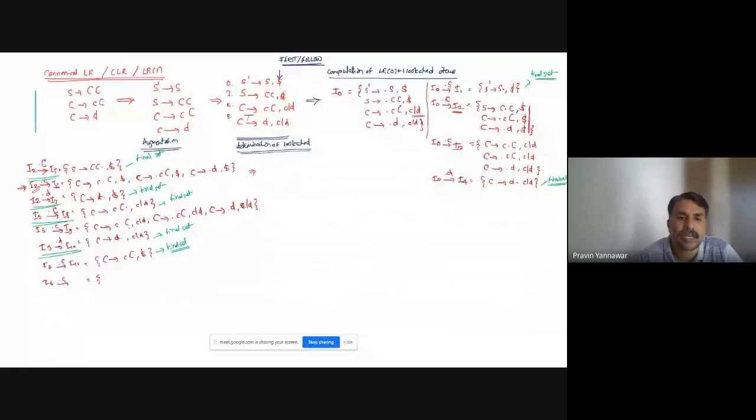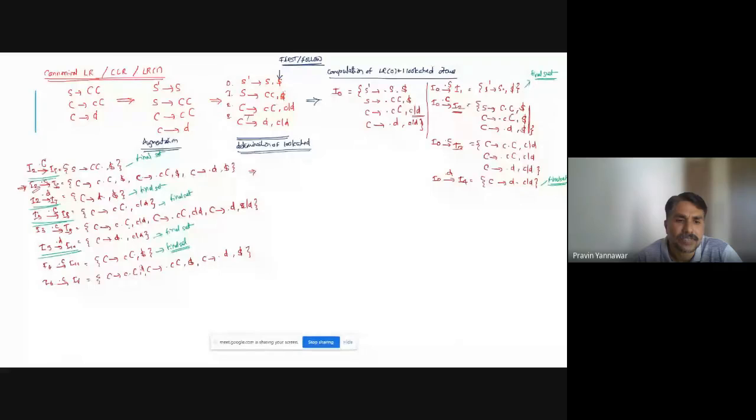So it means that C implies small c dot capital C, dollar, comma, C implies dot small c capital C, dollar, C implies dot D, and this is dollar, and this is again your I6 only.